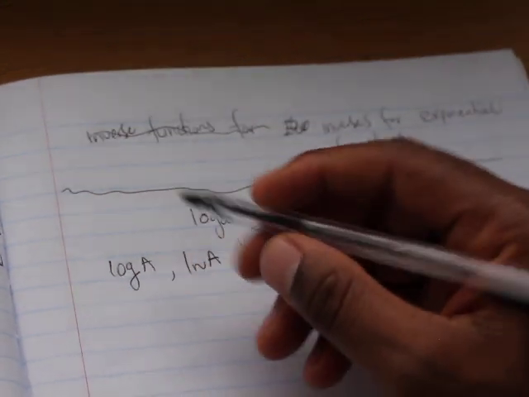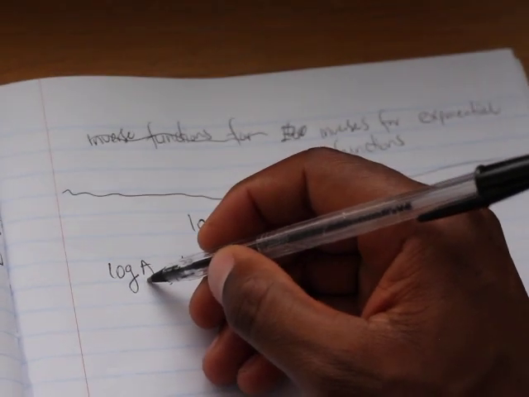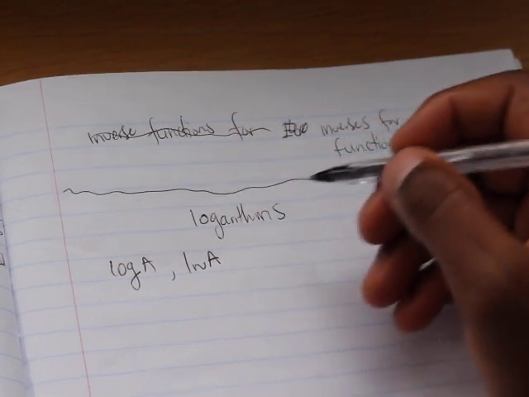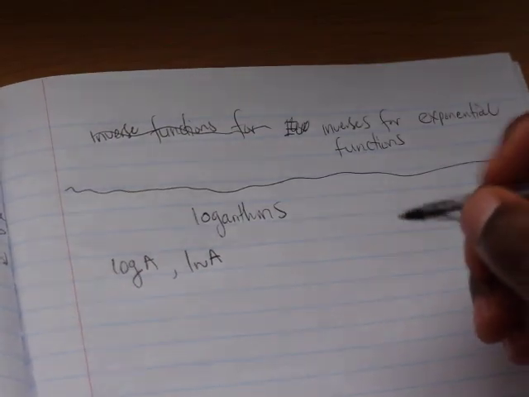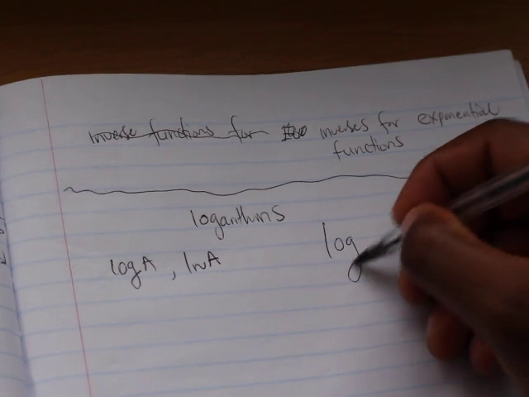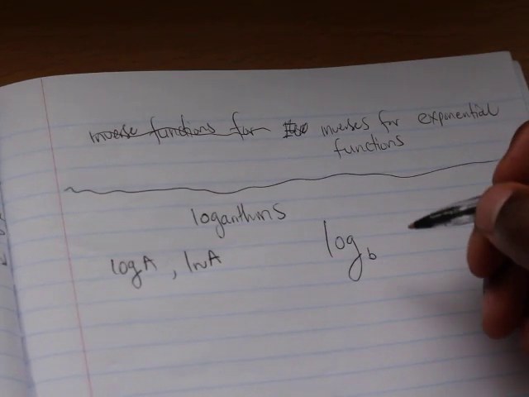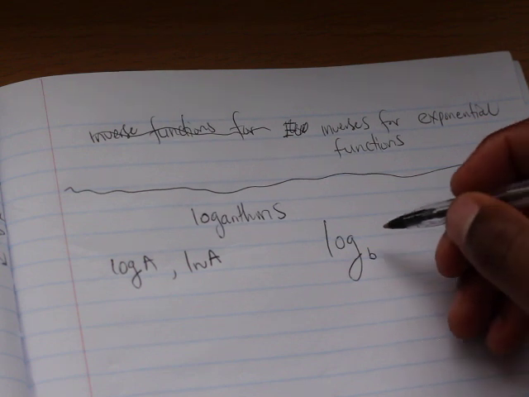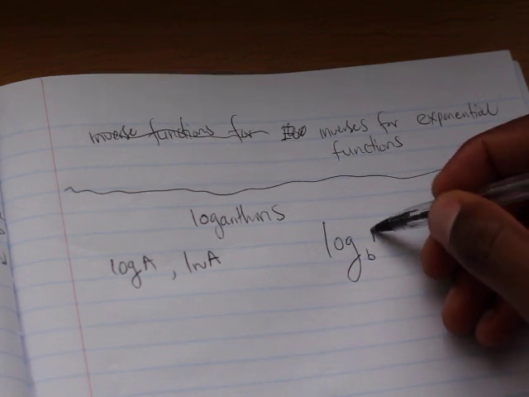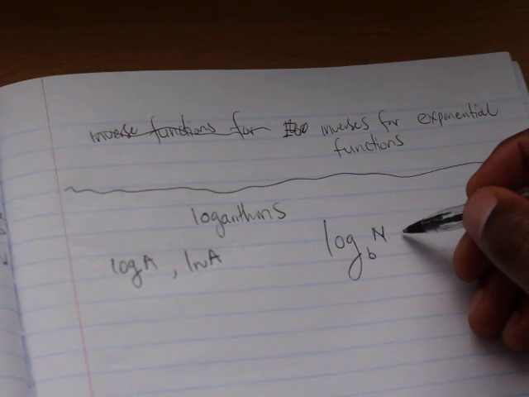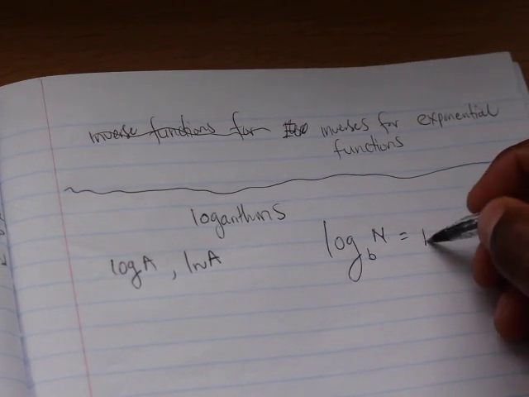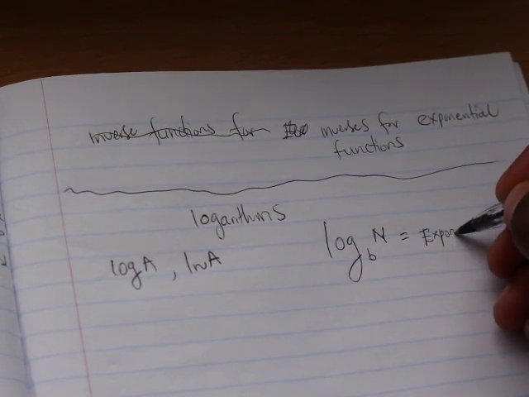It's just that the difference is that here the base is 10, here the base is e. So in general, a logarithm is like this: log of a base, and then a particular number here, it's equal to an exponent.